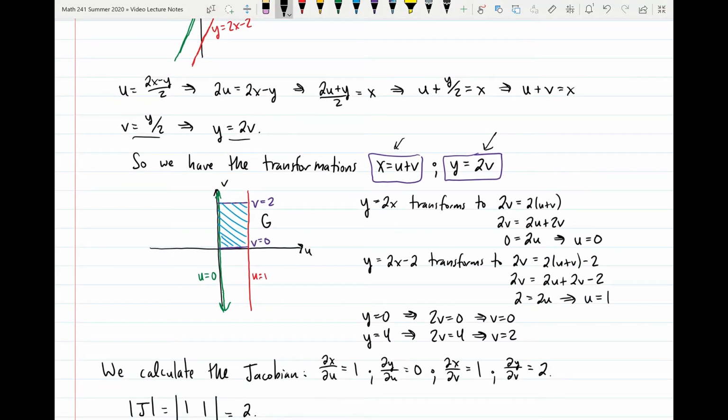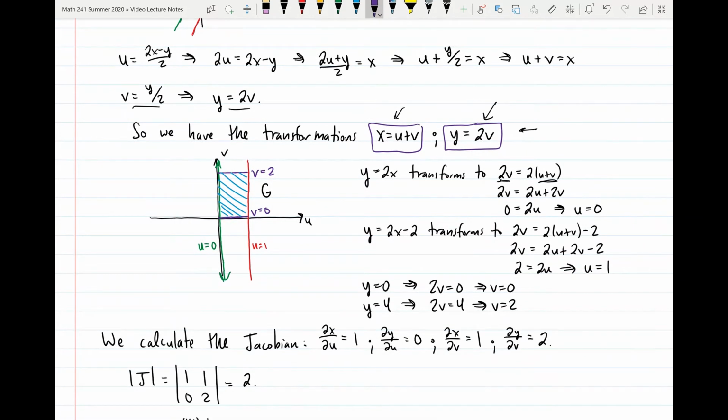So y equals 2x will be transformed to another line inside of the UV plane. And to do that, we're going to apply these transformations that we have here to the line y equals 2x. So we take y and we plug in 2v, and we take x and we plug in u plus v. And then again, we do some algebra and we end up finding that u has to equal 0.